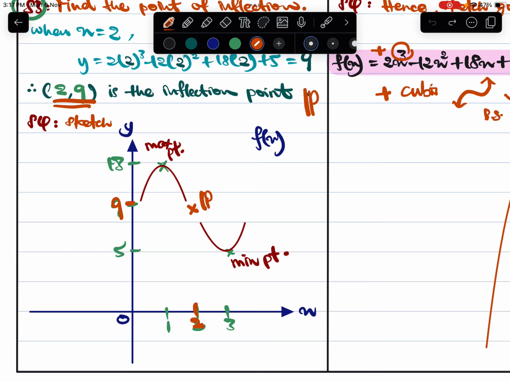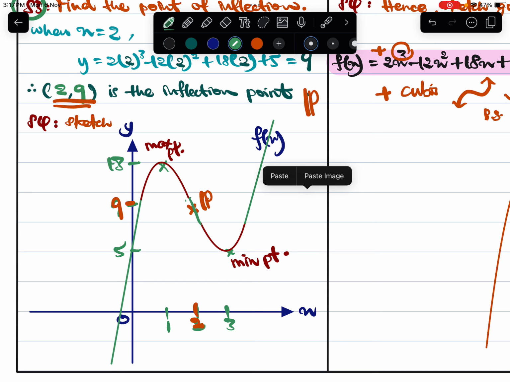You just join the line here and make it a bit longer. This goes a bit further up, and this goes further down, and therefore this is your function f(x).